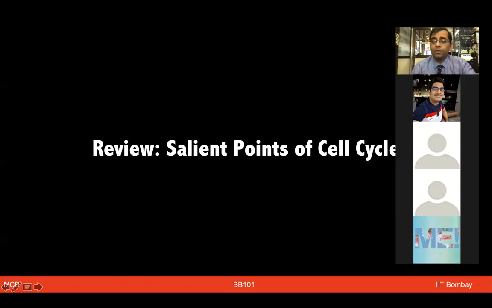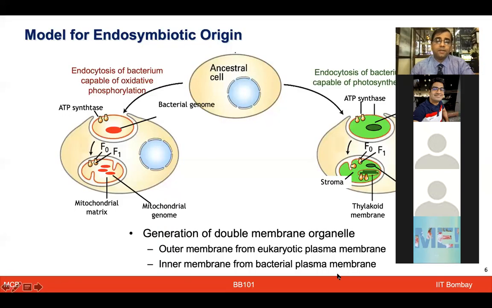But let me first start with discussion about cell cycle, which we have learned in the second lecture. While discussing prokaryotic and eukaryotic cells, a concept came up: how these specialized organelles like mitochondria and chloroplast originated.